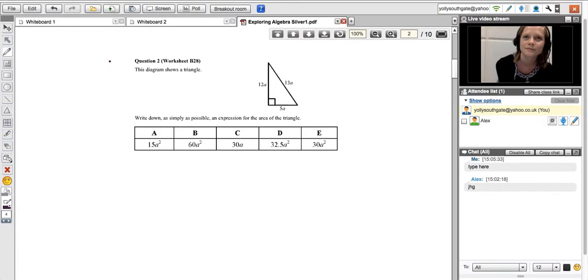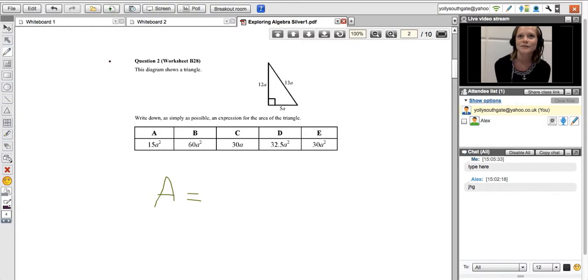No, I don't know where to start. Well, it's asking for an expression for the area of a triangle, right? So there's a particular formula which might help you here. What might it be? I don't know what. A for area?